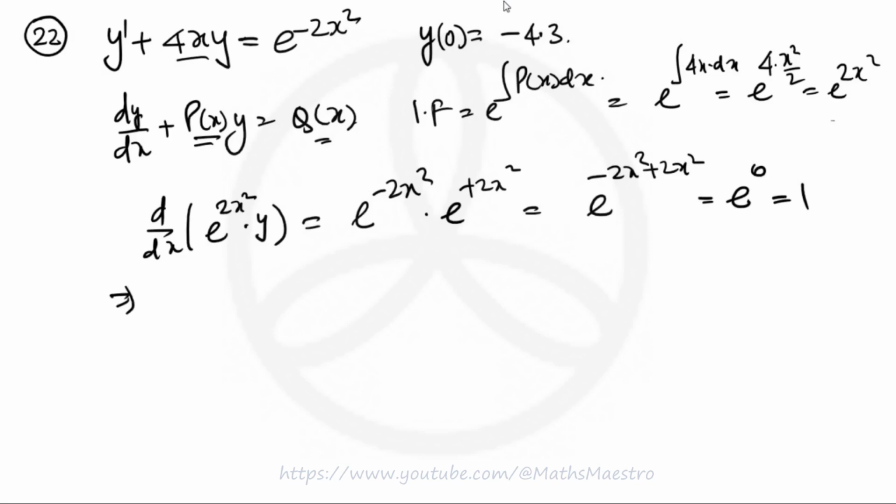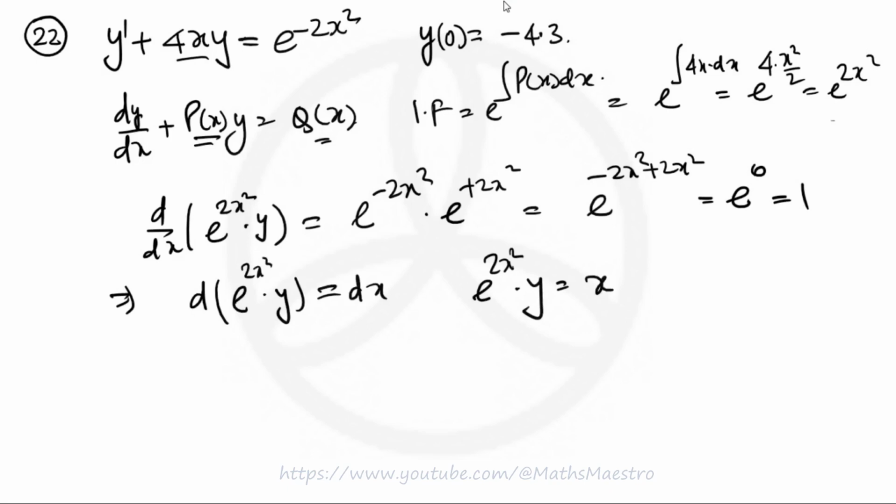When we apply integration on both the sides, we will get e^(2x²) y is equal to x plus a constant of integration c. And we have been given an initial value condition, which says that when x is equal to 0, the value of y is minus 4/3. So we can substitute 0 in place of x and minus 4/3 in place of y.